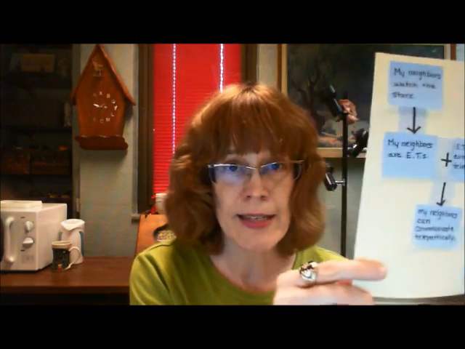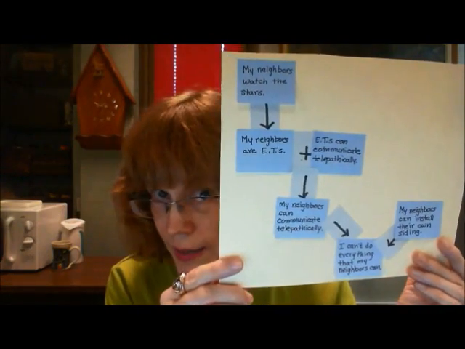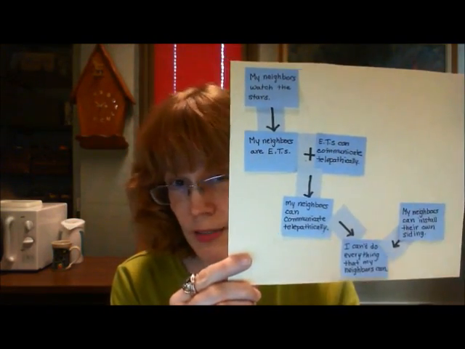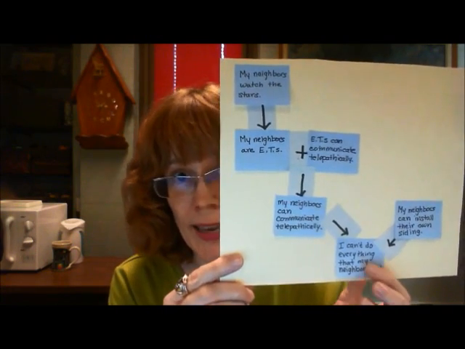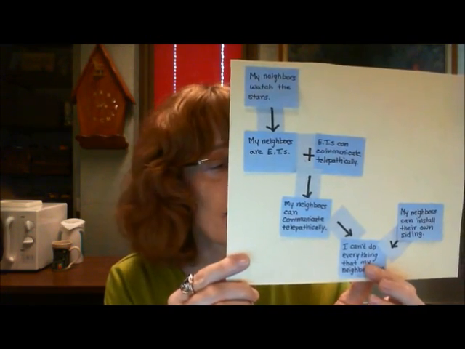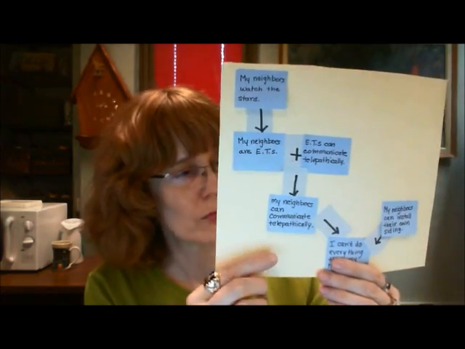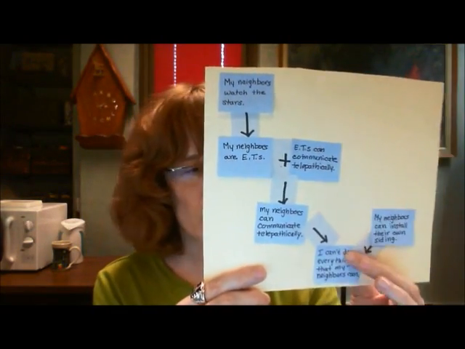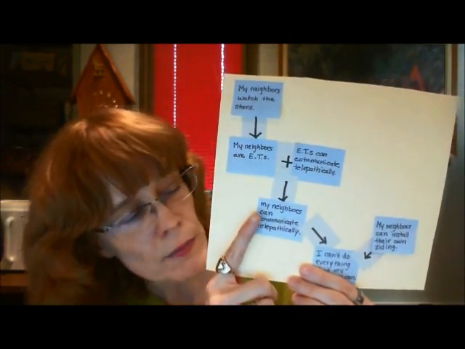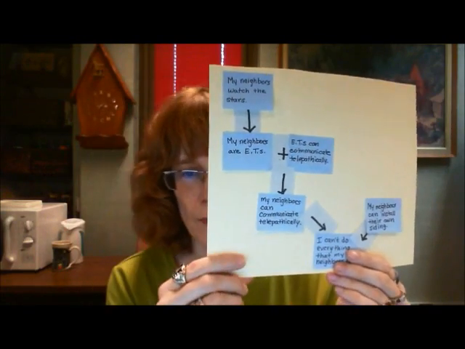And the idea that my neighbors can communicate telepathically and the idea that my neighbors can install their own siding are really different kinds of reasons to believe that I can't do everything that my neighbor can. They have different themes. There's the siding installation theme and the telepathic communication theme.